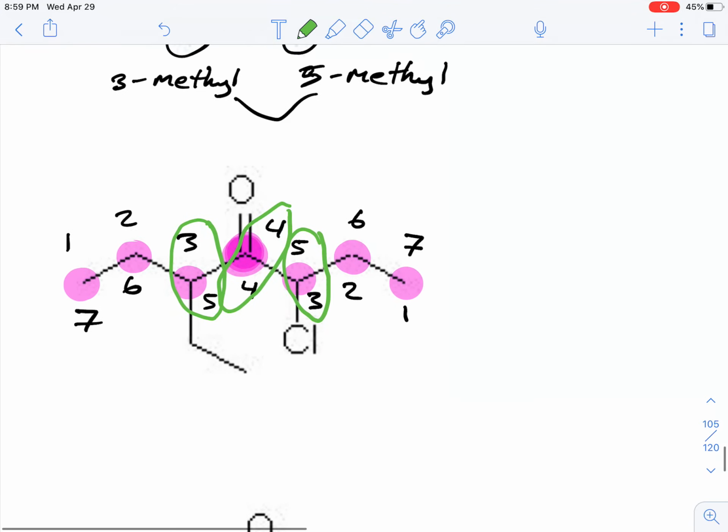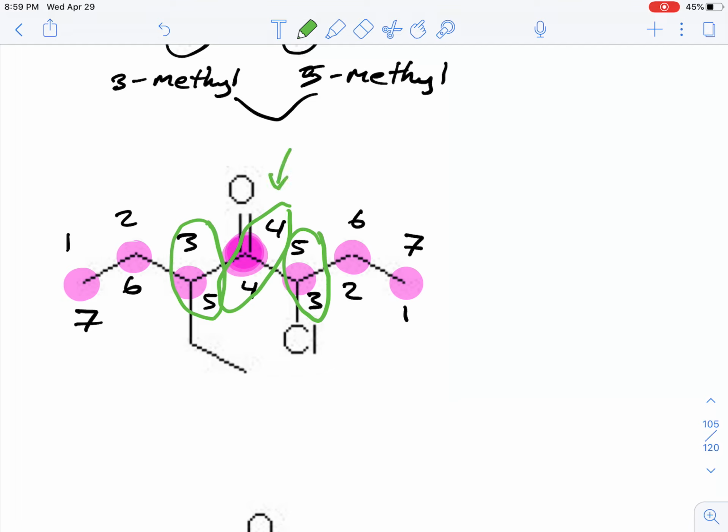So if these substituents are not the same, and you have the same numbering combinations, left, right, right, left, what you want to do, so this is like the last resort at this point, is choose a numbering system such that the substituent with a letter that's closest to the beginning of the alphabet is going to have the lowest carbon number. So if you can imagine, there's like a hierarchy, right? So I believe this compound demonstrates it.